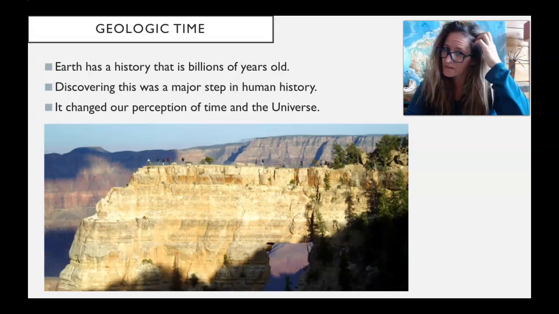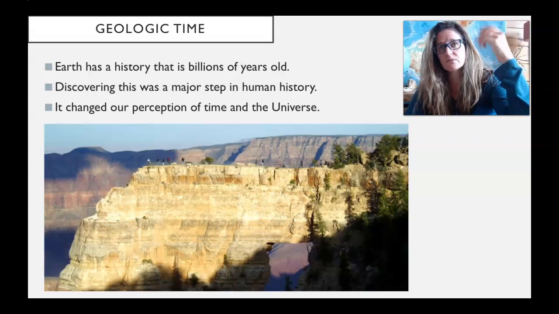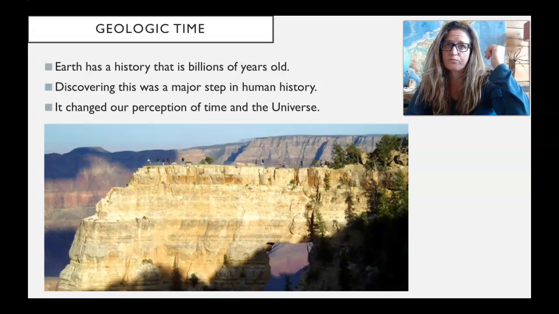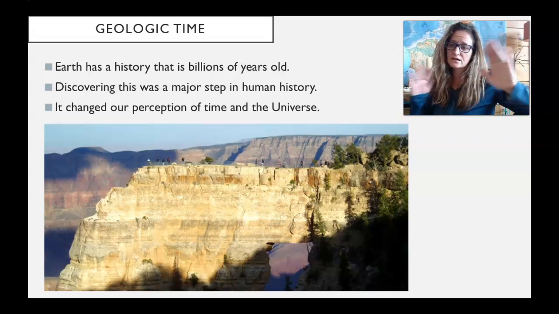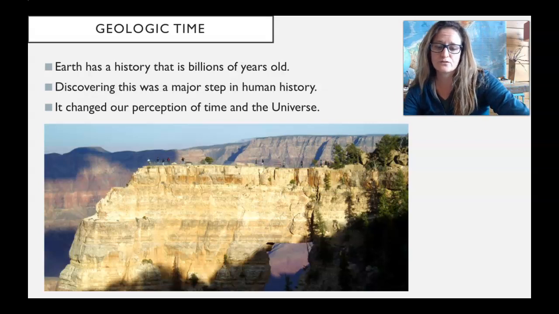What is meant by that is we didn't really have an understanding of the scale of geologic time. It goes back to the formation of the solar system and our place in the solar system, our place in the universe. That was really kind of vague until we realized how old the Earth was. So it changed our perception of time, changed our perception of the universe.